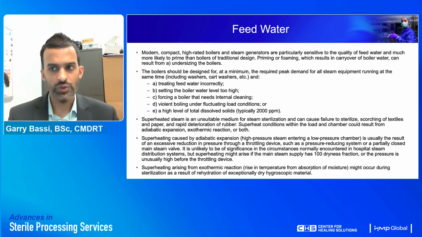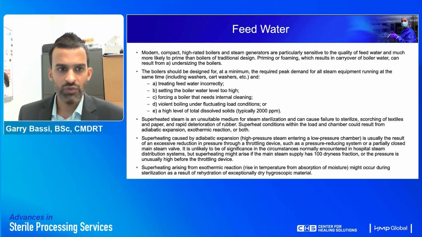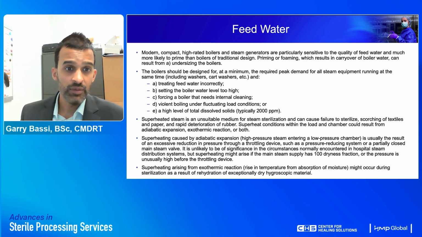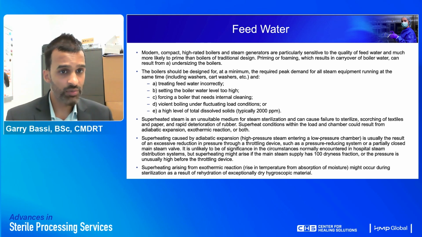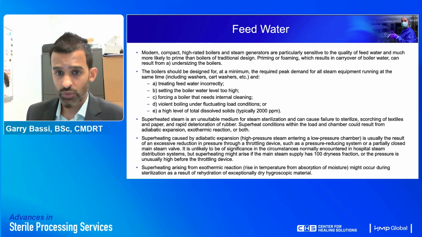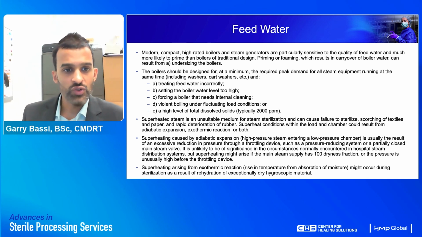Priming or foaming, which results in carryover of boiler water, can result from undersizing the boilers. The boiler should be designed for, at minimum, the required peak demand for all steam equipment running at the same time, including your washers, cart washers, etc., and from treating the feed water incorrectly.